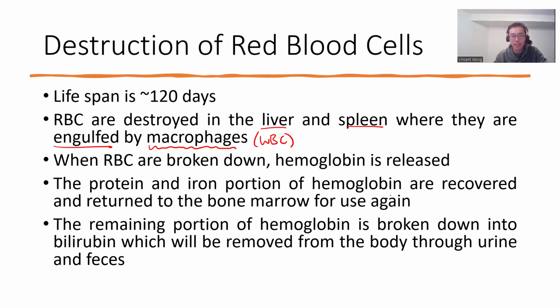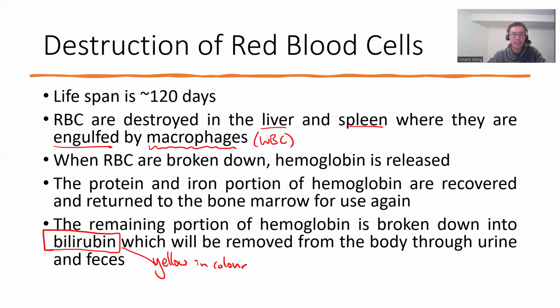And then whatever is not recycled will get broken down into something called bilirubin. Bilirubin is yellowish in color. And we normally would get rid of the bilirubin through urine and feces. And that's why the urine and the feces are the color that they are. It's because of the bilirubin.